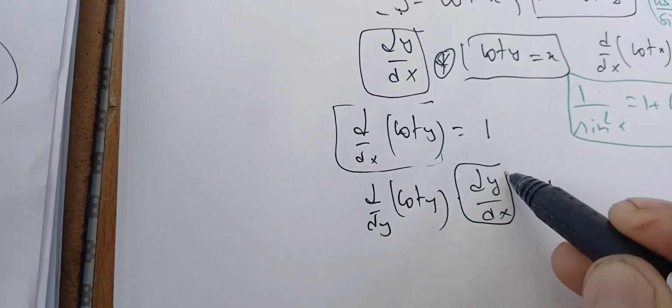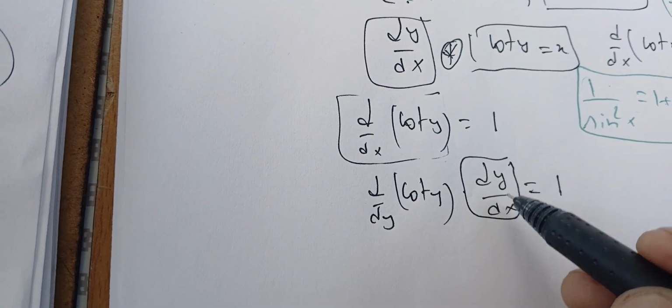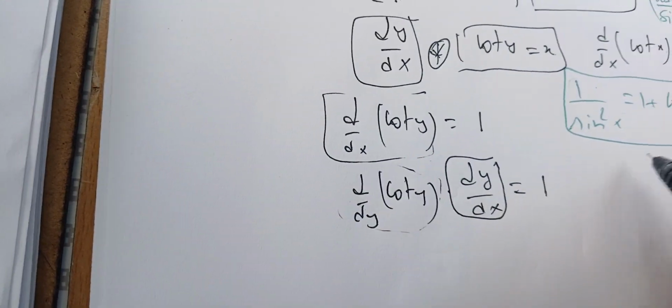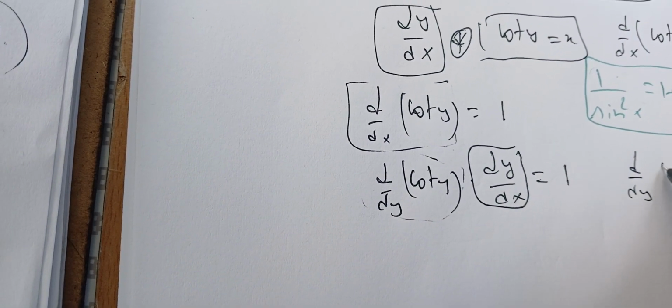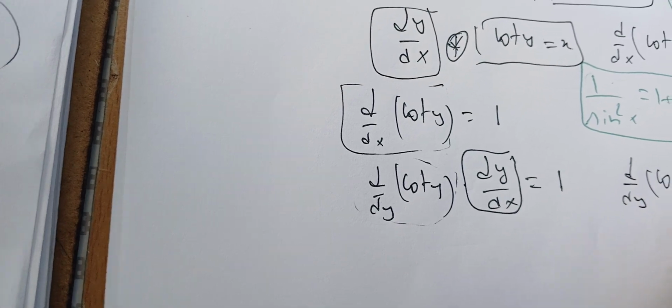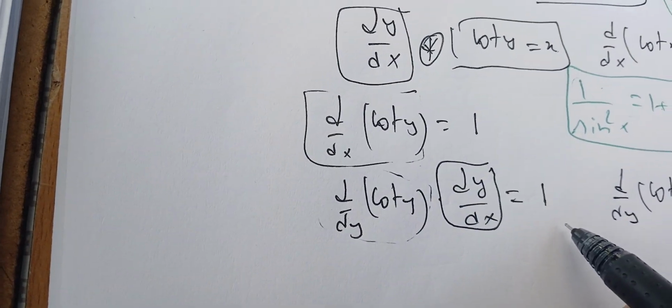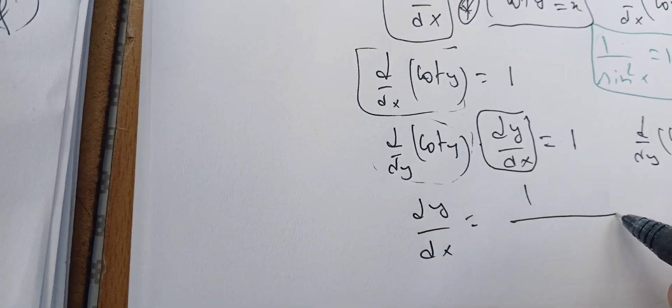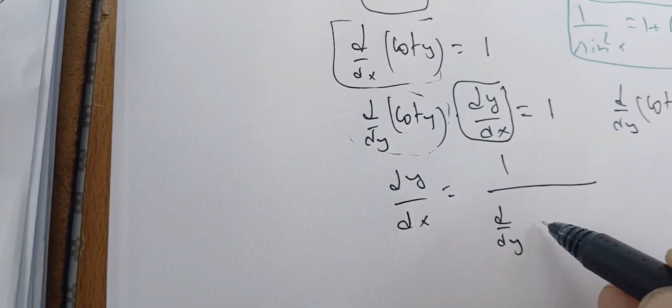So our aim is here. We wanna compute dy over dx, but we know this one here. So we assume that d over dy cotangent of y is different from 0, because we want to divide by that. So given this one, we have dy over dx is going to be 1 over d over dy cotangent of y.